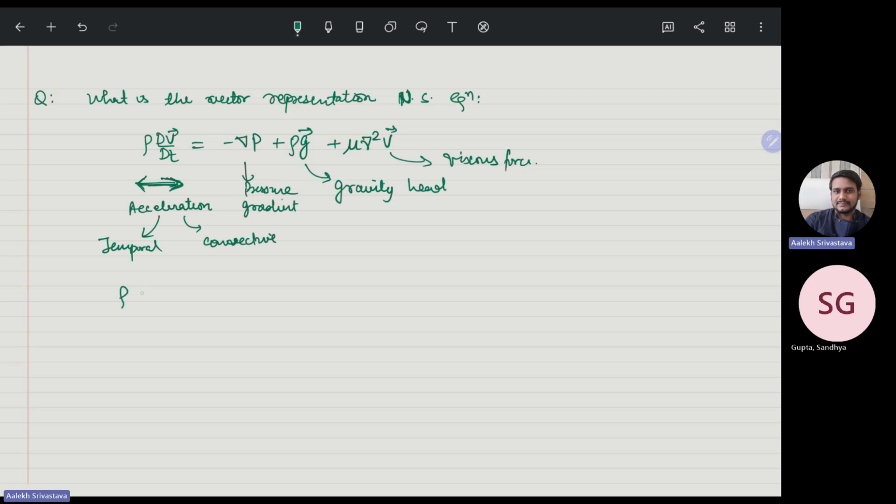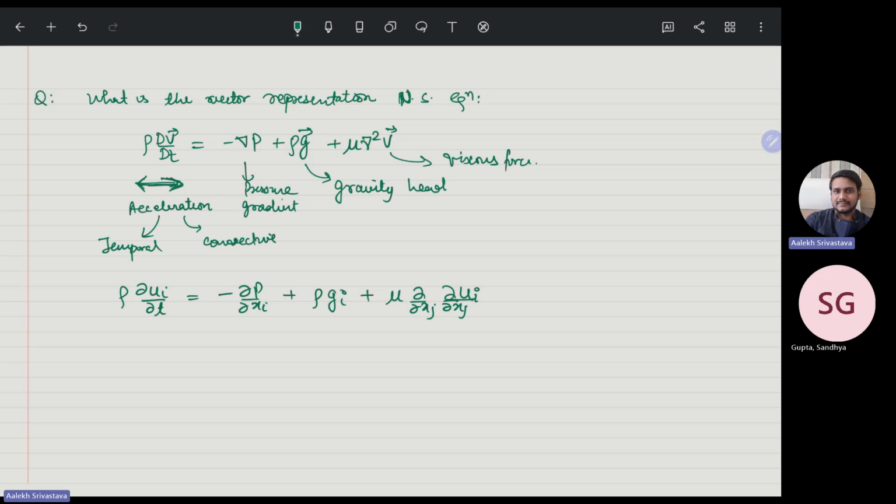If you write it in index notation, you will write del ui by del t is equal to minus del p by del xi plus rho times gi plus mu times del by del xj of del ui by del xj.